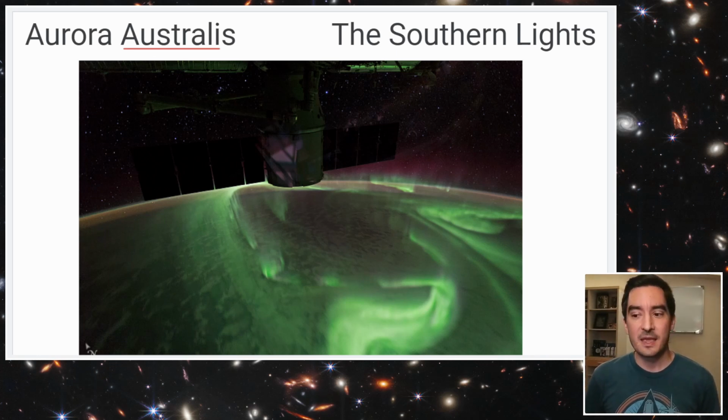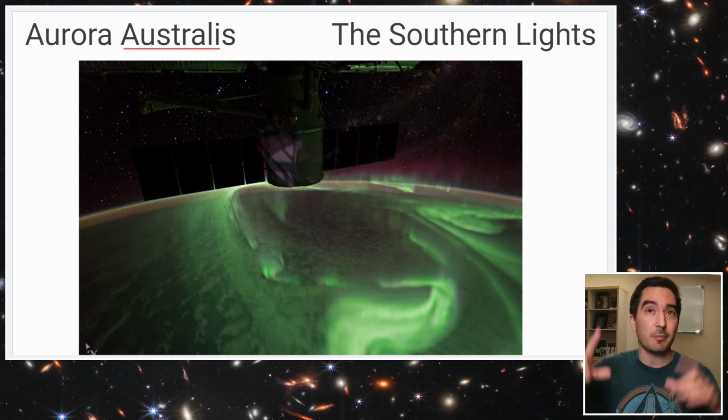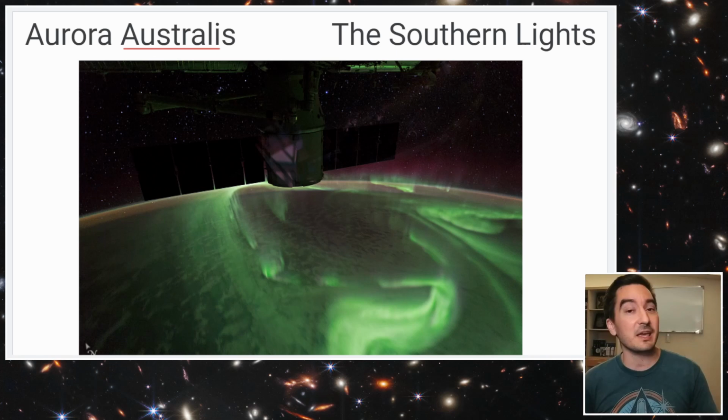Pretty cool, right? And this picture, I couldn't find a picture from Earth, like someone taking a picture up. Most pictures of aurora are people in Northern Europe taking photos in, like I said, Norway, Finland, Sweden, Iceland, those places.